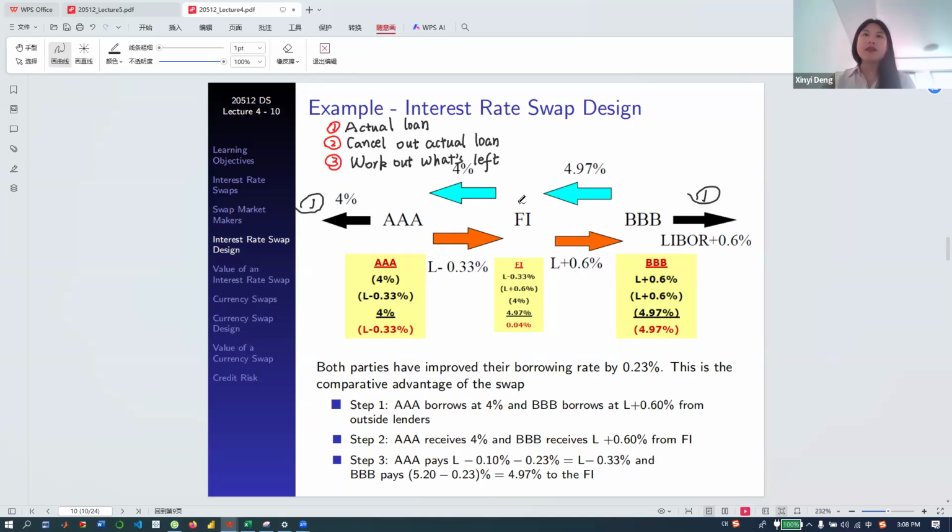Then step 2 is that you cancel out the actual loan. By cancel out, basically I mean this step, this thing here, and also this arrow here.